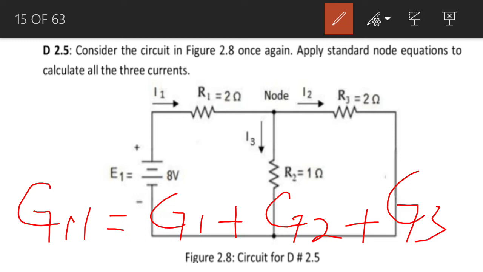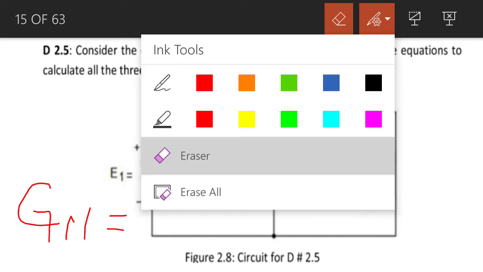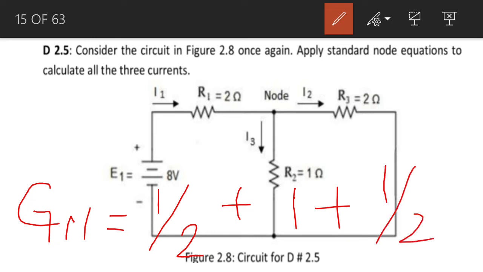And you know that G1 is 1 by 2, G2 is 1 by 1, that is 1, and G3 is 1 by 2. So this is how we compute G11.